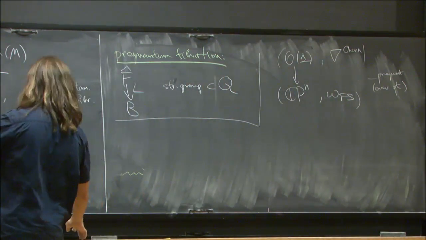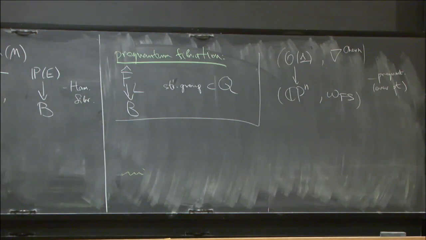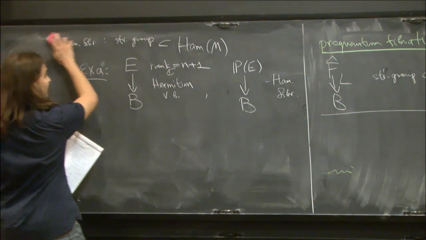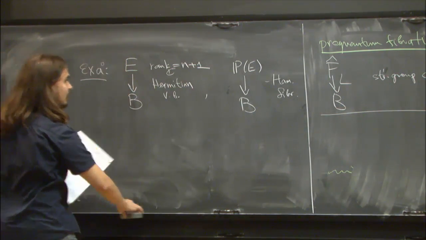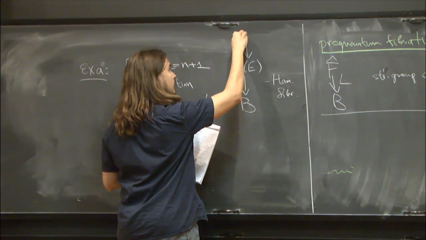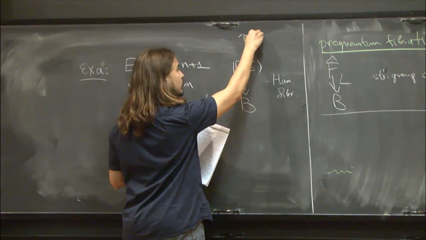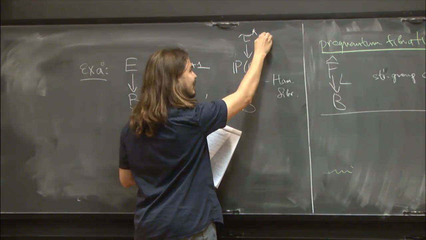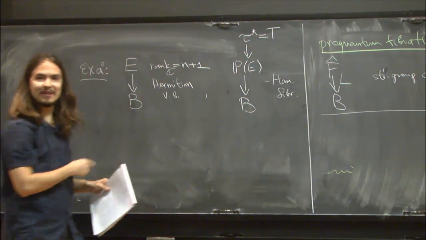And similarly, if we have a vector bundle like this, then we can take the tautological bundle and dualize. So it's exactly that T that was there before.